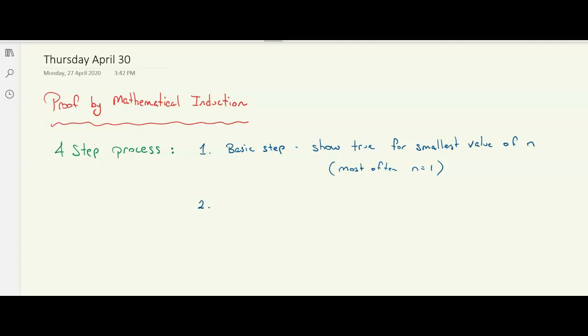The second step is the assumption step. At this step we assume the statement is true for some n equals k, where k is greater than 1, so at some point in our sequence, one of those dominoes.